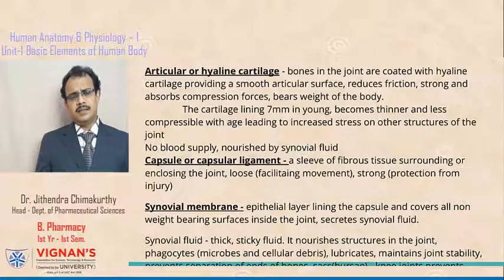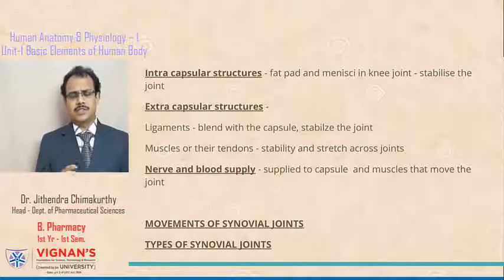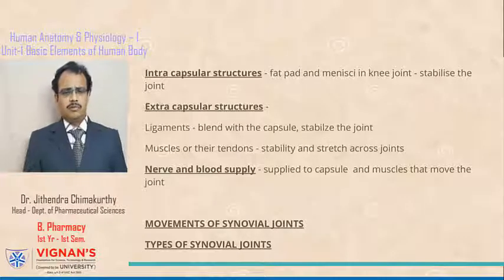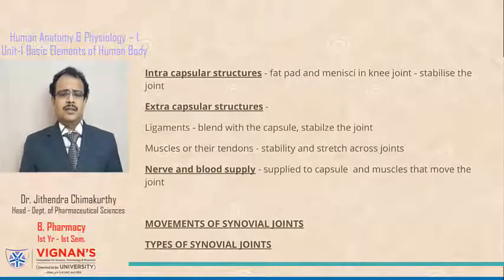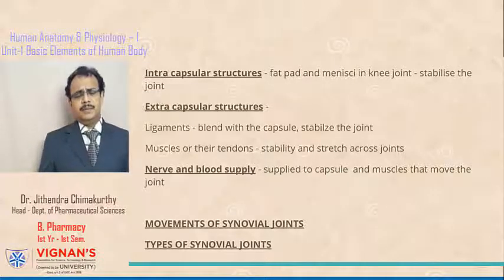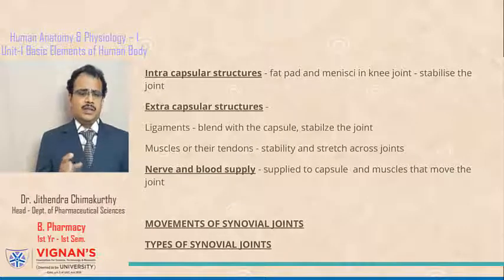And there are certain intracapsular structures and extracapsular structures in the synovial joint. The intracapsular structures are fat pads, and menisci, which also act as a cushion, and these are generally found in the knee joint.